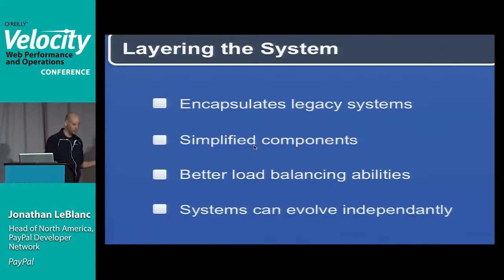And then obviously the systems can themselves evolve independently. As you layer each section, they're completely separate from each individual concern, with the exception of the previous hop. So as you're building out these structures, you can completely build on top of a legacy system. You can build on top of a new system. It doesn't really matter because they don't impact each other, because you've layered the constraints in there.